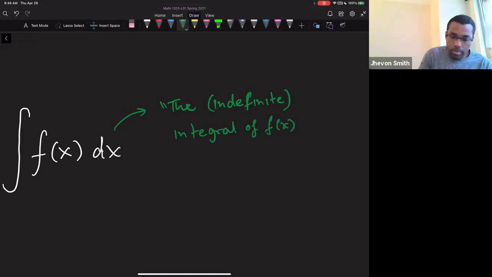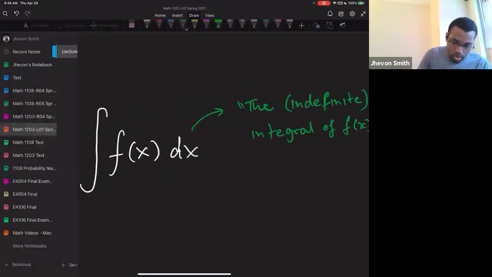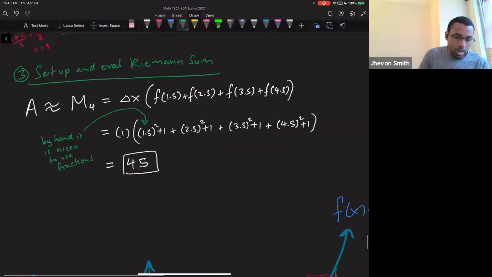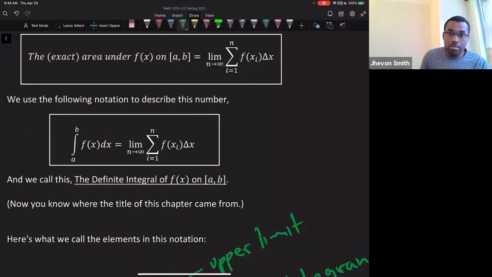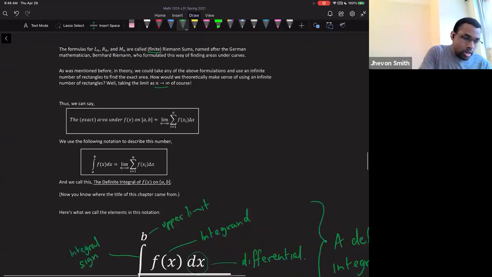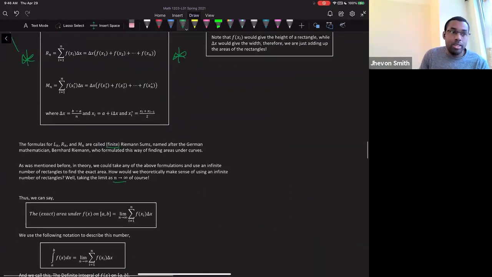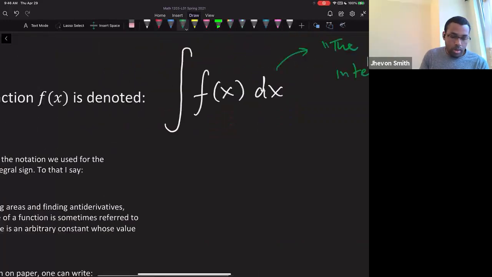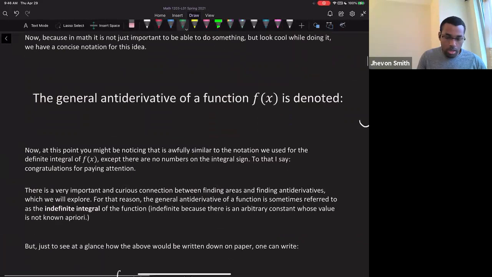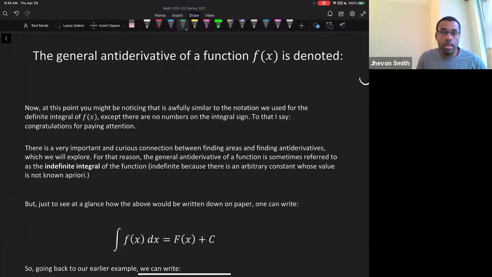of f of x, as opposed to what we defined earlier, the definite integral, right? It's definite. I'll know for sure what the answer is here. But here we have what's called the indefinite integral. Sometimes you leave out the word indefinite, so if someone says integral, chances are they're talking about the indefinite one.